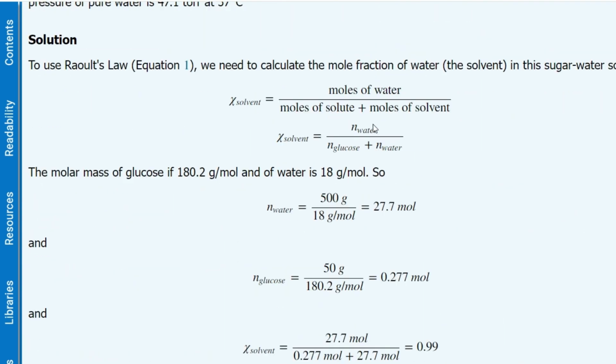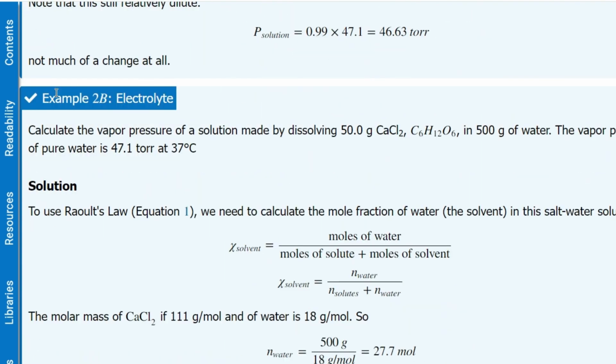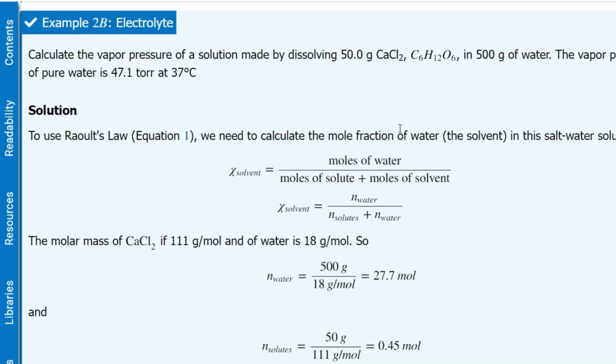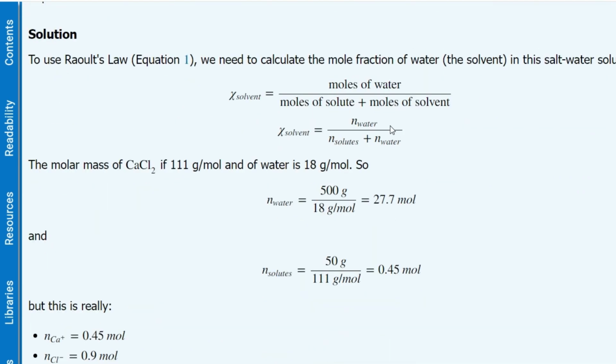So non-electrolyte, and then here, example 2b, electrolyte. It talks about how you would factor that in for calcium chloride. What we get then is more moles of those solutes, and so you get the i down here.